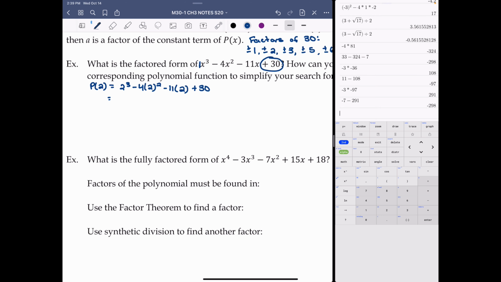We have 2 to the power of 3 minus 4 times 2 squared minus 11 times 2, and then plus 30, which gives us 0, which is our remainder.